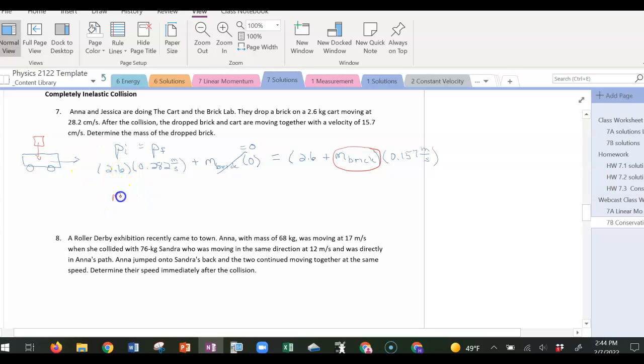So the mass of the brick is going to be 0.7332 divided by 0.157 minus the 2.6. And so I get a mass of the brick of 2.070 kilograms.